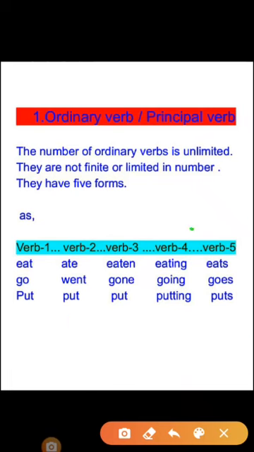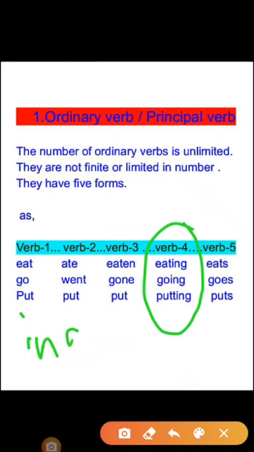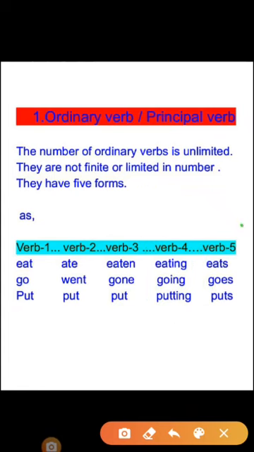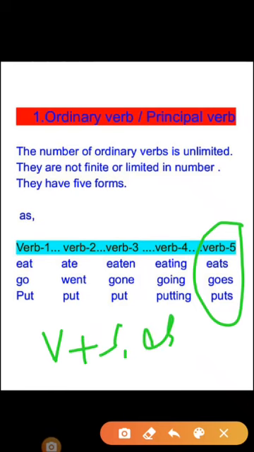So for verb 1, if you add ing with the main verb, it will become verb 4. And for verb 5, if you add s or es to the verb, it will become verb 5.